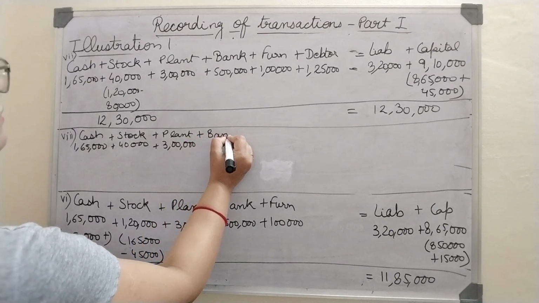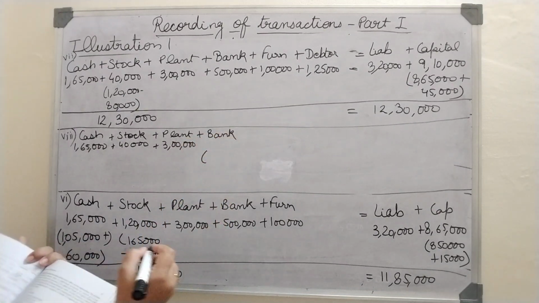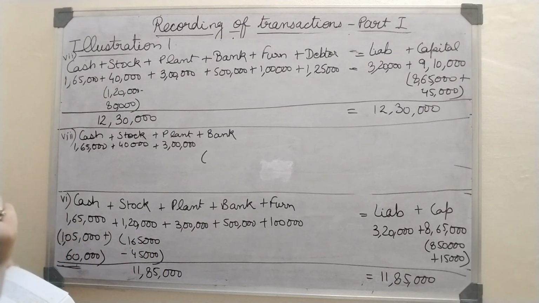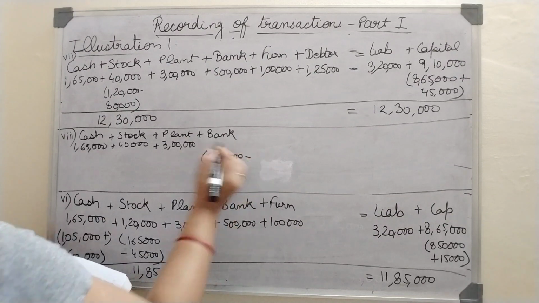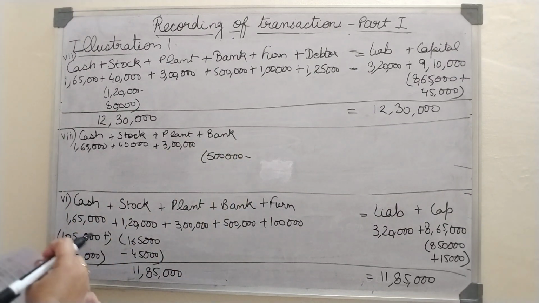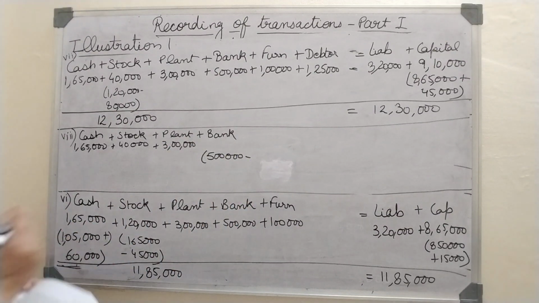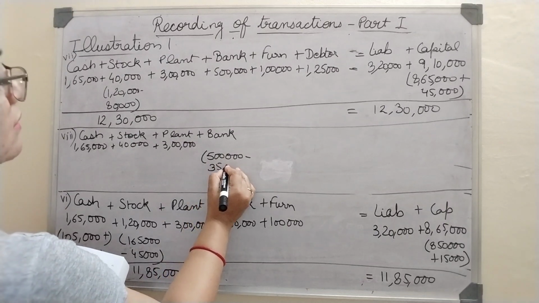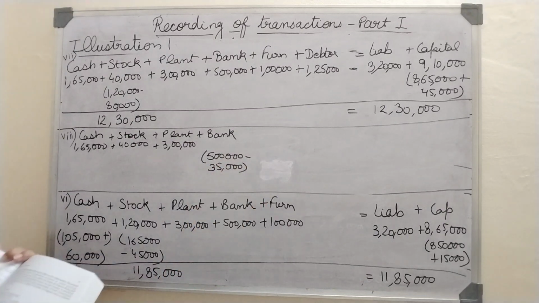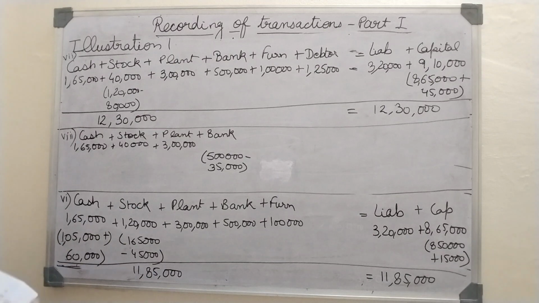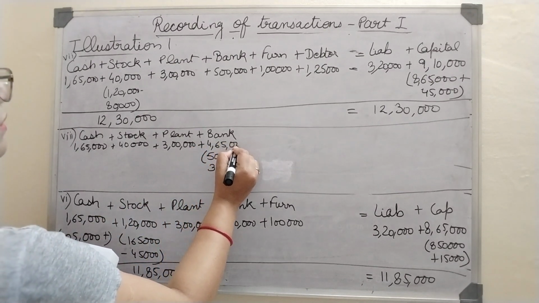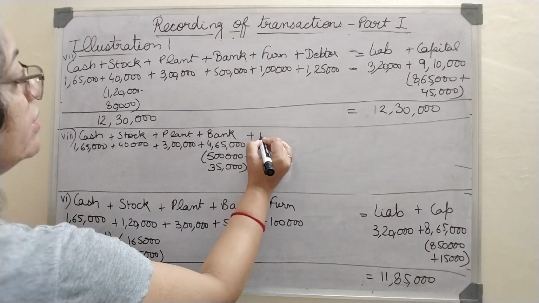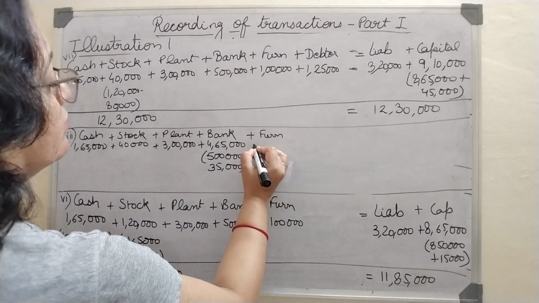Now I am paying by check. So what will happen? I am paying 35,000. So 5 lakh minus 35,000. So the amount I get is 4,65,000. Furniture will remain the same, not affected.